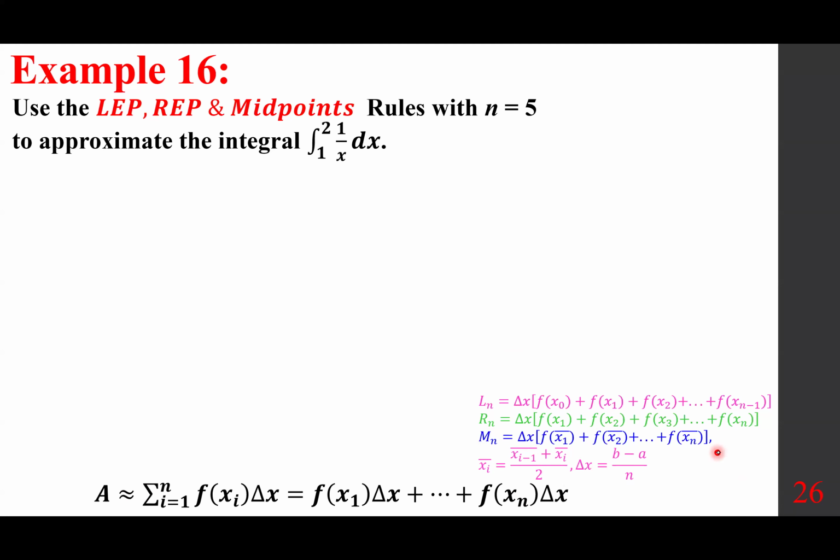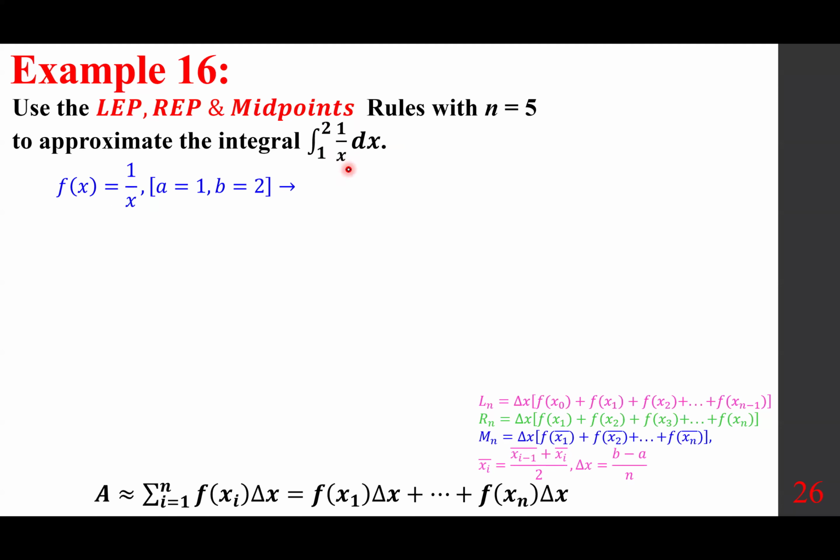Number one, understand what your function is. f of x is 1 over x. That's the first thing that you need to realize. And we're going to go from 1 to 2. So a is 1, b is 2. So that's understanding what you want to do. Again, what is the function? Whatever is in there without the dx.